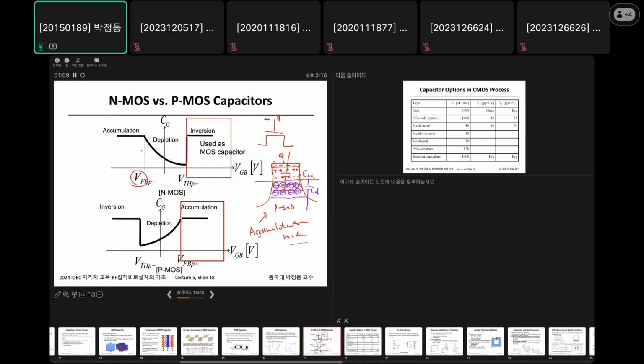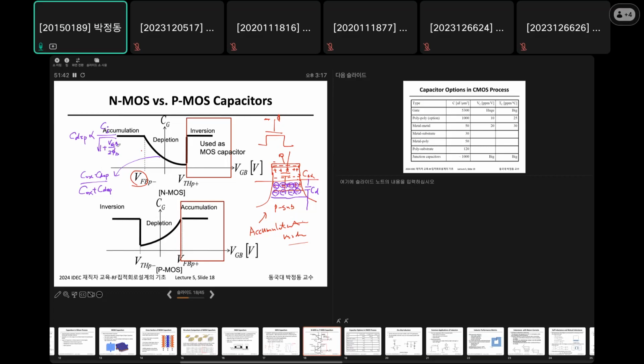So in this depletion, the capacitance is COX in series with C depletion. And here C depletion is a function of C junction divided by the square root of 1 plus V gate-body over 2 phi b.